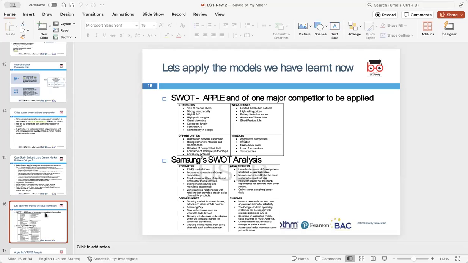Apple's distribution is not as extensive as some competitors. High selling price, premium pricing can limit market penetration in price-sensitive segments. Absence of Steve Jobs, the founder of the company, the leader, Steve Jobs.